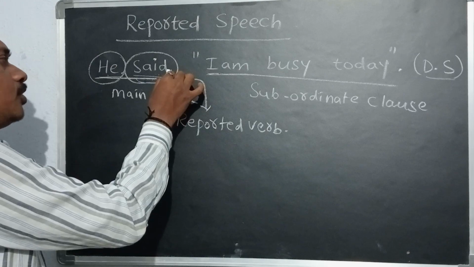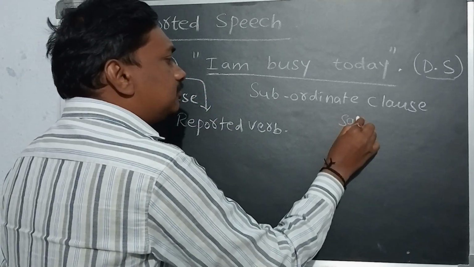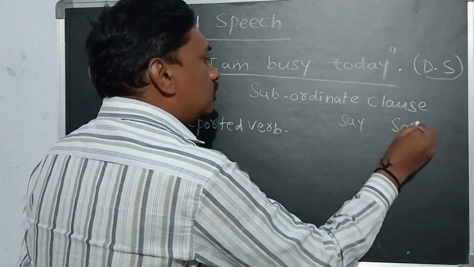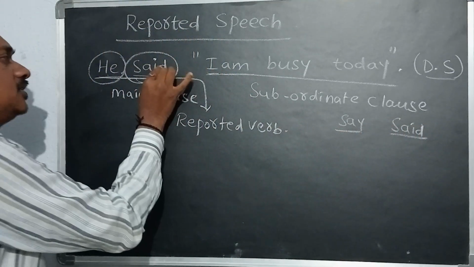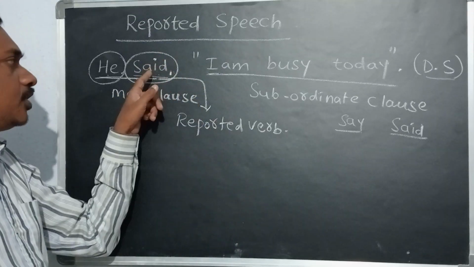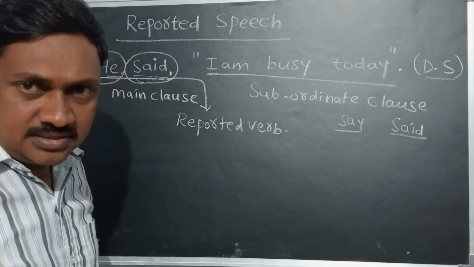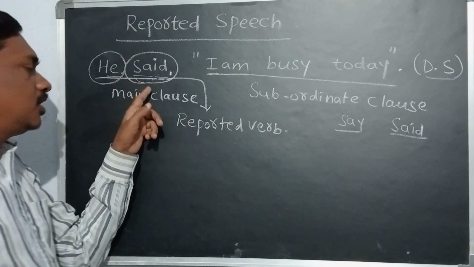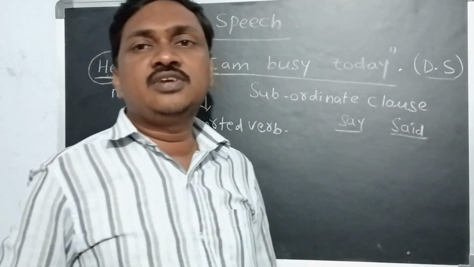Okay, so here the reported verb said is in past tense. Say is verb 1, said is verb 2; say is present tense, said is past tense. So if the reported verb is in past tense, the tense of the subordinate clause will change.